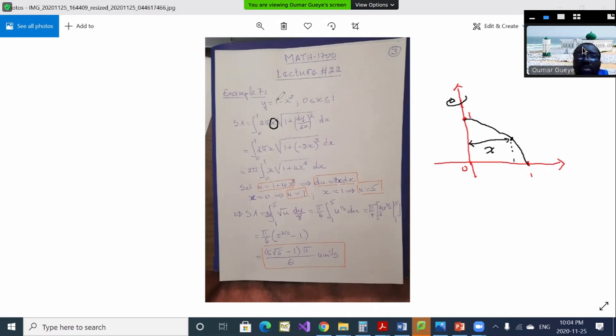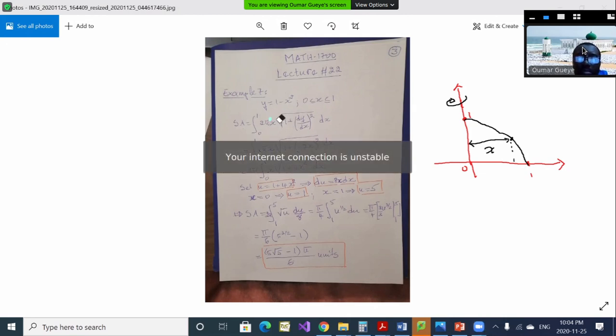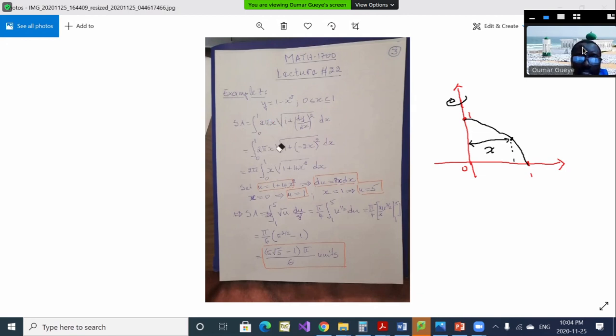Now, when we apply the formula, equal to 1 plus, I'm just going to erase this.